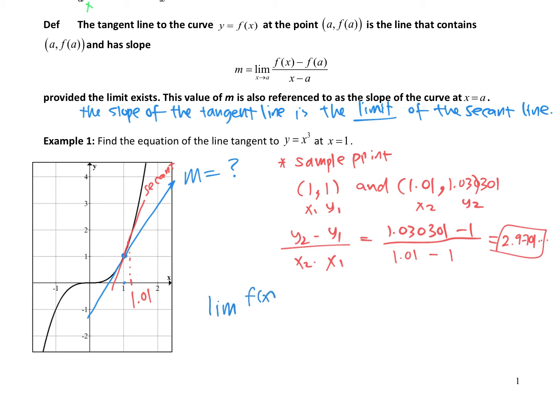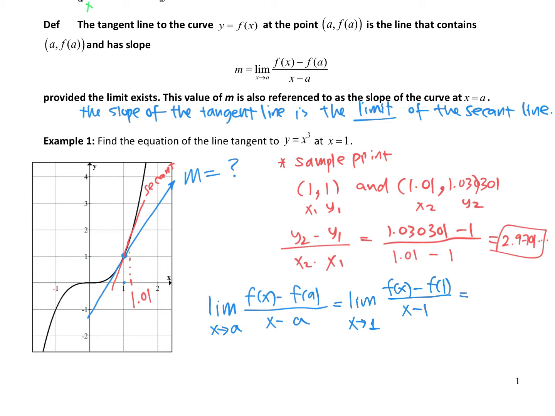f of x minus f of a over x minus a as x approaches a. In this case, my a is 1. I'm looking at this point right here. So let me rewrite this. The limit as x goes to 1 of f of x minus f of 1 over x minus 1.